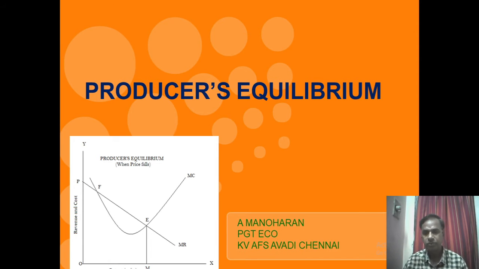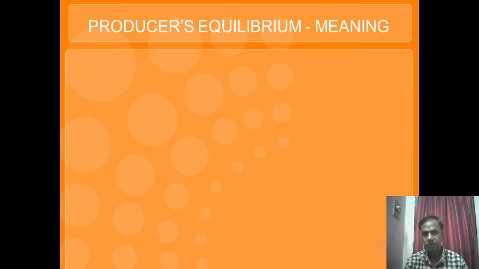How to get profit? Profit is the difference between revenue and cost. We studied revenue and cost in the last class. The difference between the revenue and the cost is the profit.